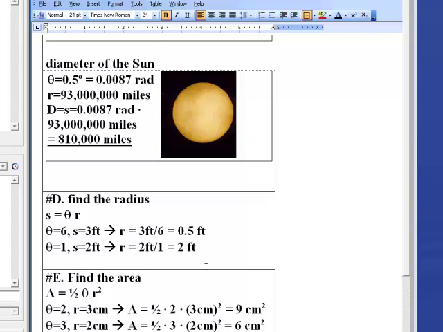Well, let's look at the distance. The distance from the Earth to the Sun is 93 million miles. The distance from the Earth to the Moon is, we had that earlier, 240,000 miles.